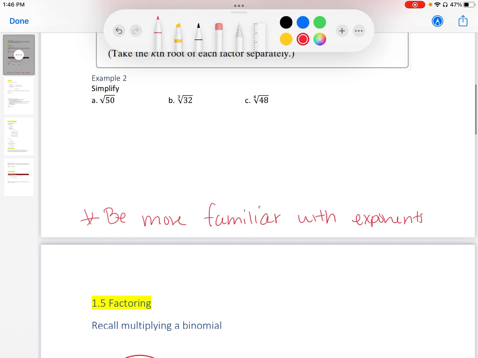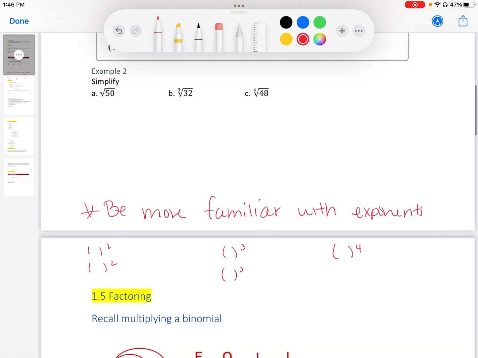If you'd like, we could list all the numbers raised to the second power, the third power, a bunch of numbers raised to the fourth. Not all of them, right? Maybe the first 10, and then you'll be more familiar with what you're looking for. I'll add a list of numbers raised to a power.